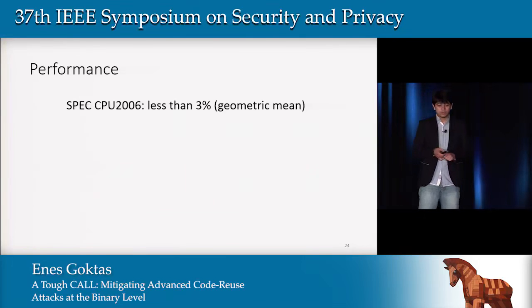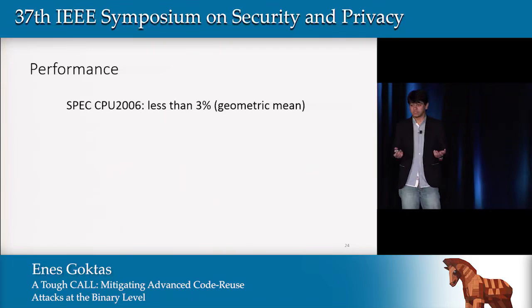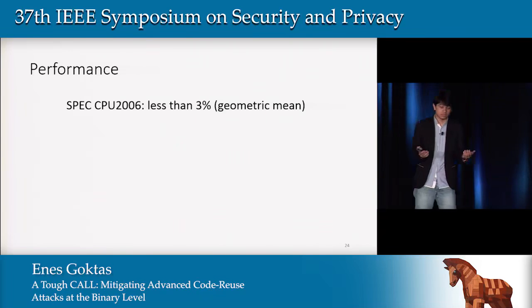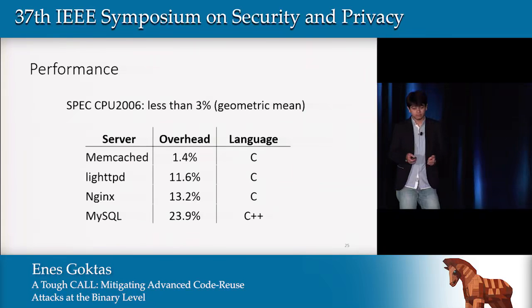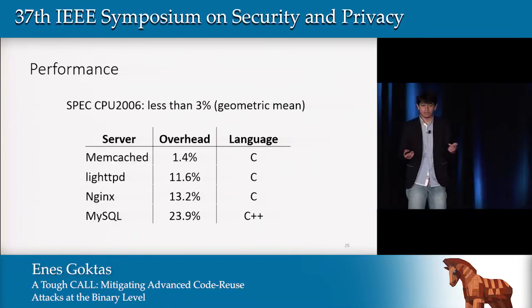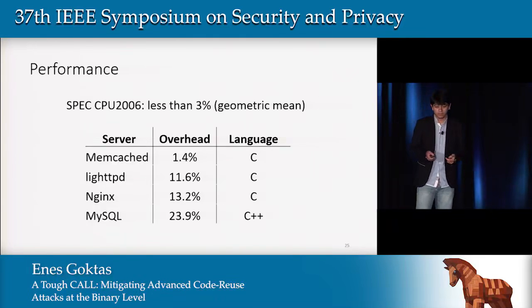Okay, so we also performed some performance evaluation to compare our solution with the others. We performed the evaluation on SPEC, where we had acceptable performance overhead, less than 3% in geometric mean. We again evaluated some servers, and here we could see that security comes with a price.